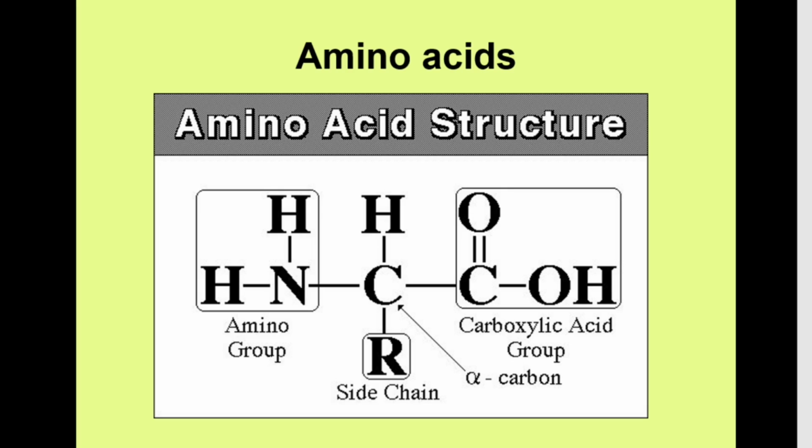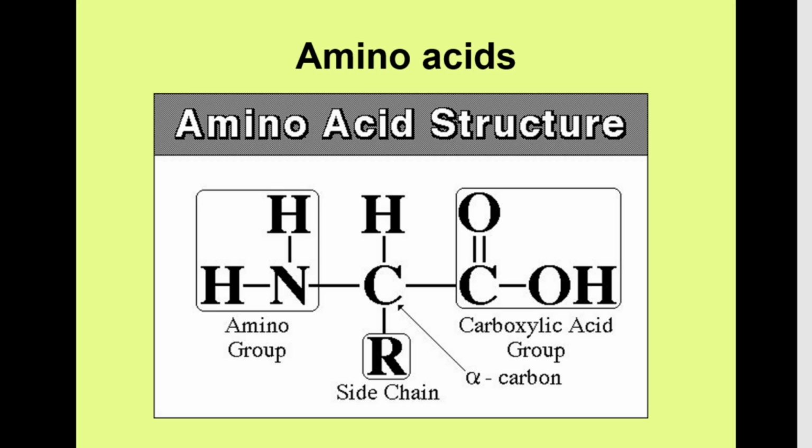So what we can see on this slide is the basic structure of a generic amino acid. And at first glance, if you've not seen them before, it doesn't look that pretty. But we can break it down and it's fairly straightforward. In the center of our amino acid, we have a carbon, and you can see it down here. This is referred to as the alpha carbon. It's right in the middle of the molecule. Above it, remember from our very first lesson together, carbon wants to make 4 bonds.